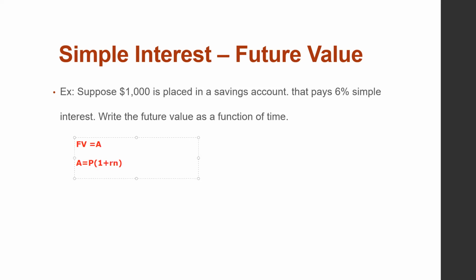Here A is unknown, but we know P is 1,000 into 1 plus R, which is 0.06, into N. So A equals 1,000 into 1, which means 1,000, plus 1,000 into 0.06, which means 60 N. So we have to write A here.